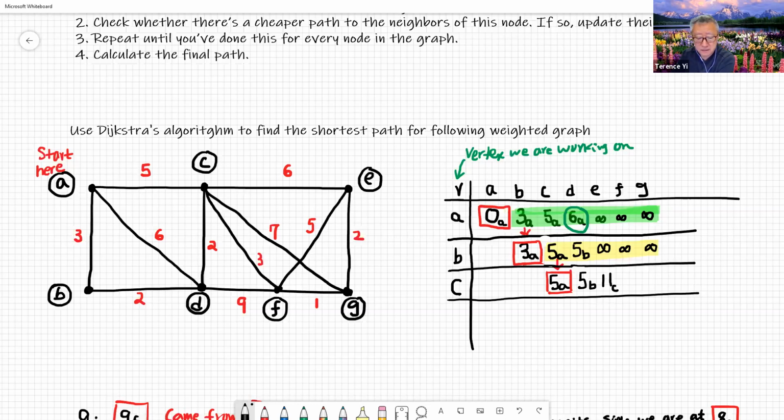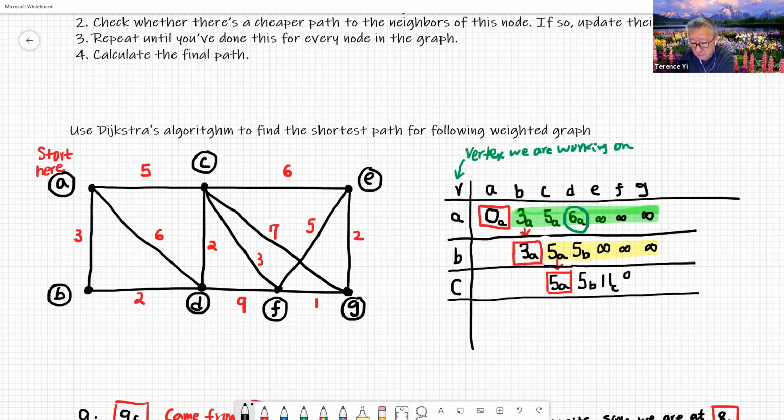What about C and F? Currently we have unreachable, infinity, right? If I look at C to F, I can get there from A to C, which is 5, and C to F, 3 units. So that's going to be a total of 8. So I'm going to write 8.